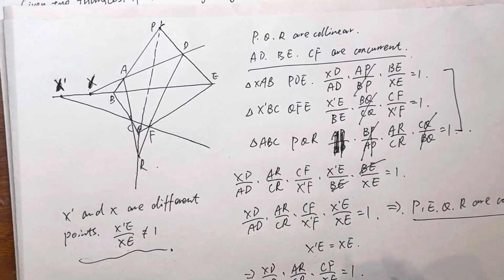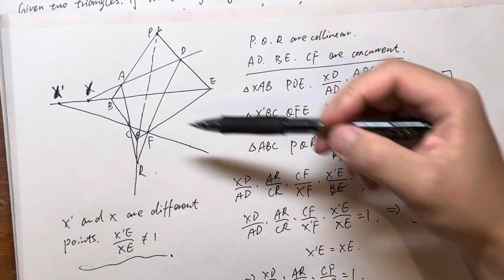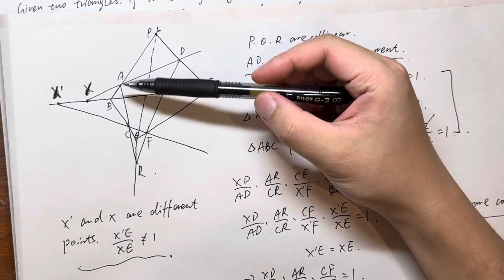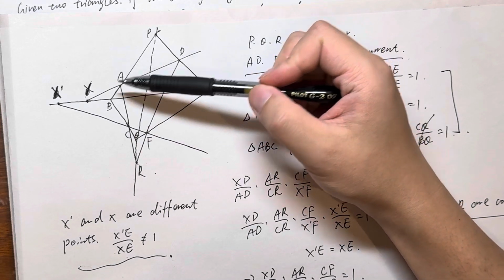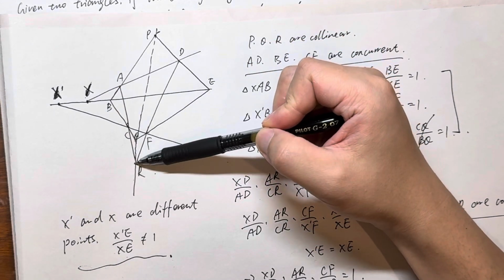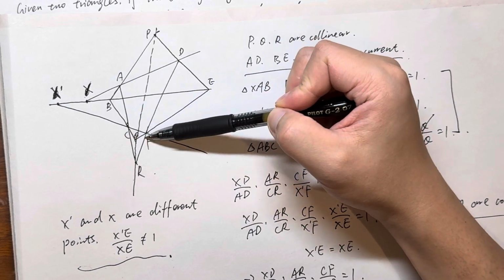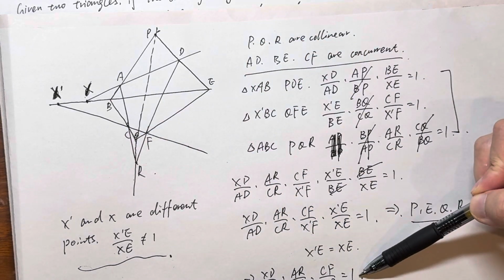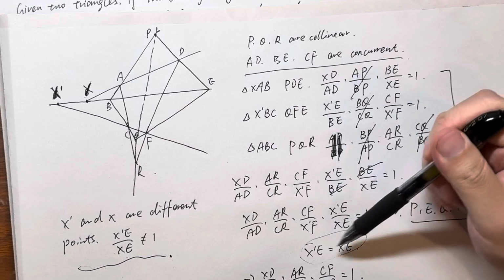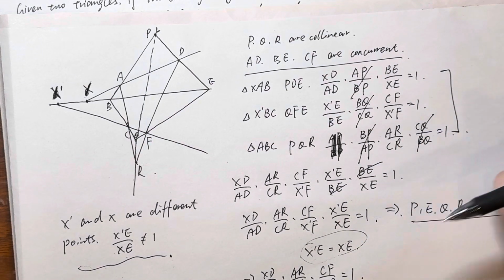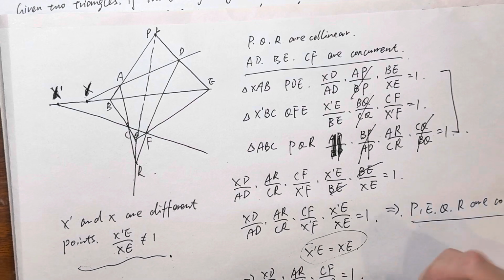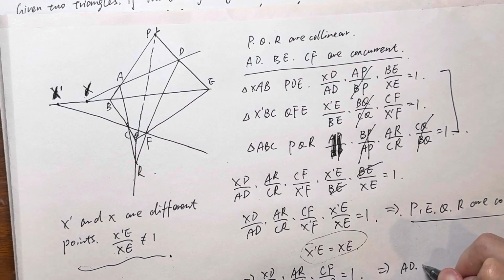Which means, see here, XD to AD times AR to CR times CF to XF equals 1. Right? And we already assumed that X prime E equals XE, and the inconsistency means it's true, which means that AD, BE, CF are concurrent.